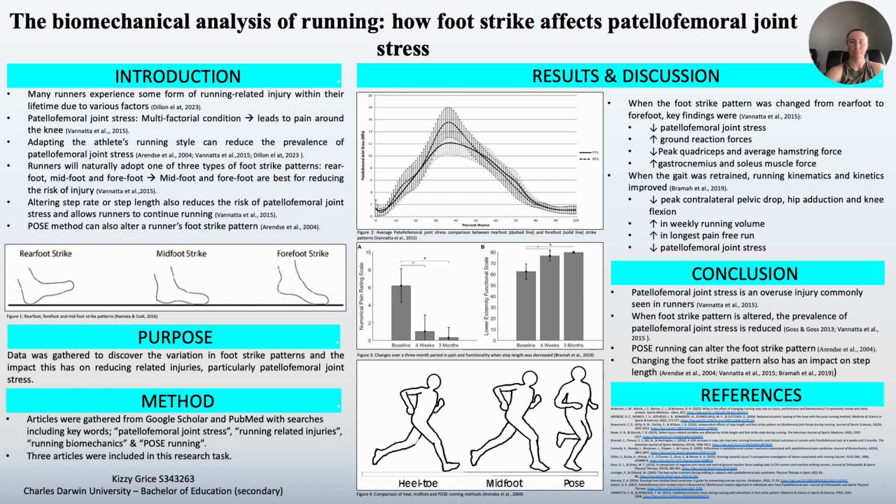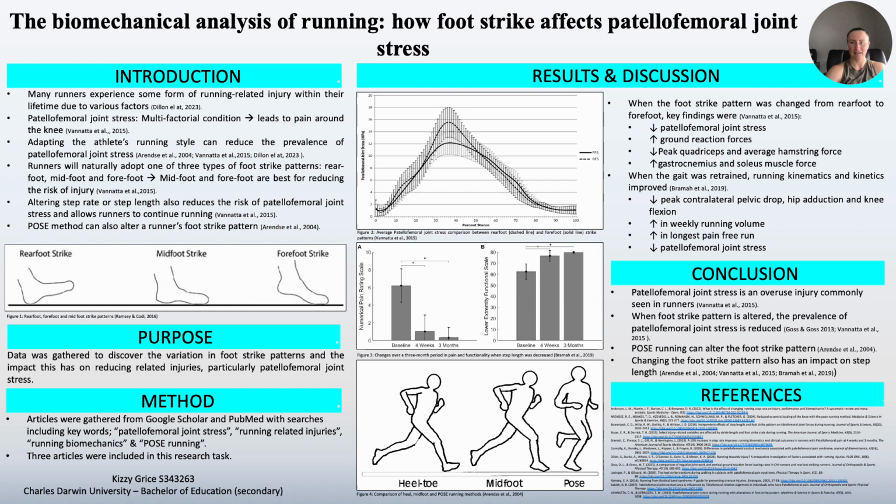So to conclude, patellofemoral joint stress is a common overuse injury seen within runners and is amongst one of the highest percentages amongst runners. It's more common in runners with a rear foot strike pattern. When the foot strike is altered from rear foot to forefoot or midfoot, there is a clinical reduction in patellofemoral joint stress reported amongst runners.